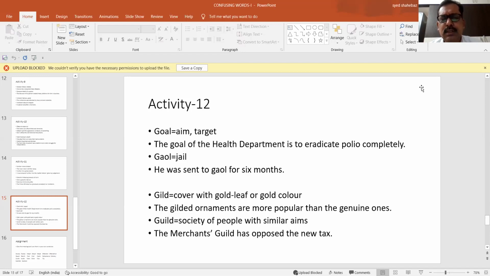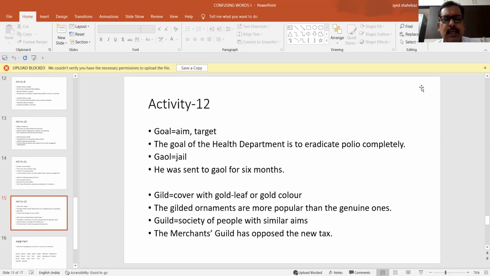The gilded ornaments are more popular than genuine ones. They are not purely gold, but gilded means they appear to be gold. They may have some content of gold, but not purely gold. The gilded ornaments are more popular than the genuine ones.